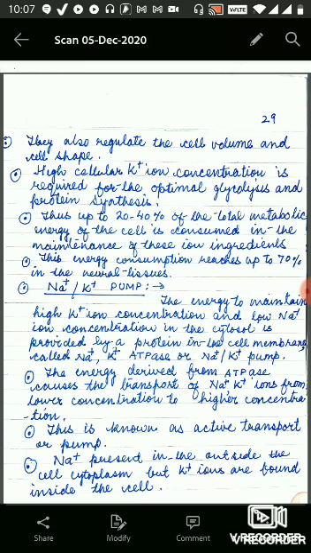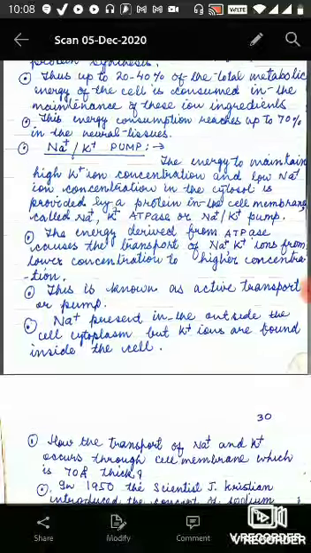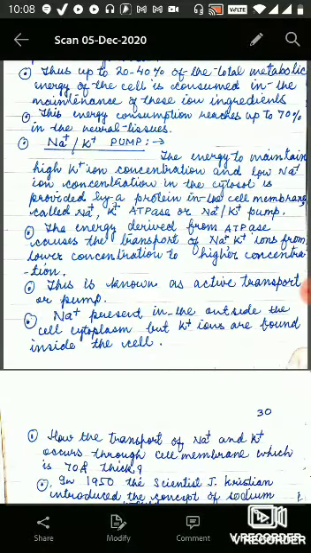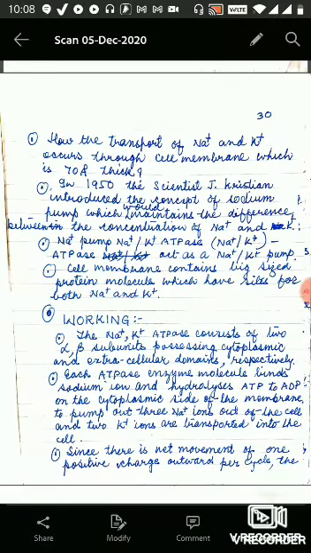The energy derived from ATP causes the transport of sodium and potassium ions from lower concentration to higher concentration. This is known as the active transport of the pump. The sodium is present outside the cell cytoplasm, but potassium ions are found inside the cell.